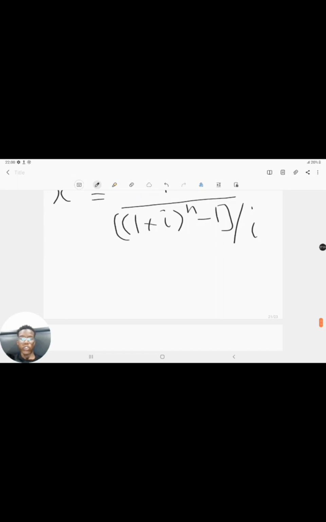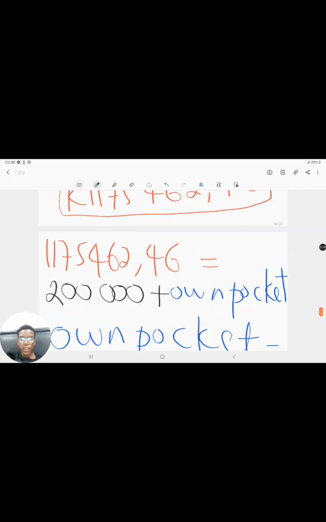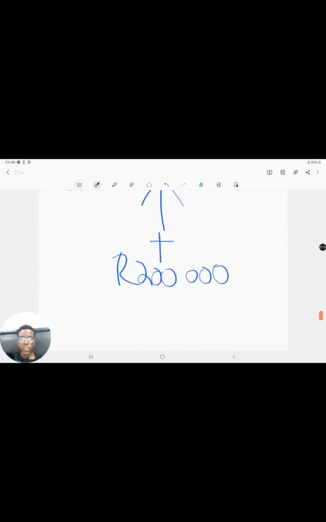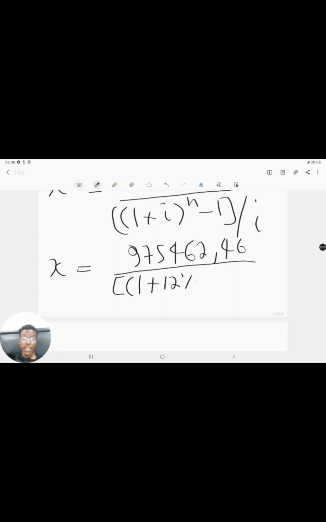Let's actually do that. Let's substitute. You've got x is equal to, what is f? Remember, f is 975,462.46, divided by 1 plus 12% given to us divided by 12.